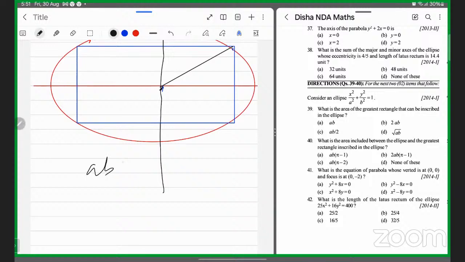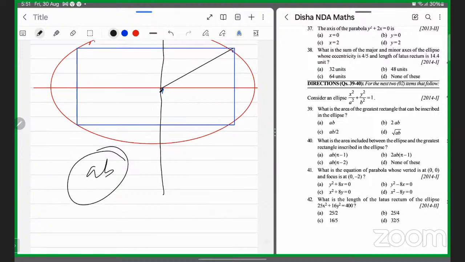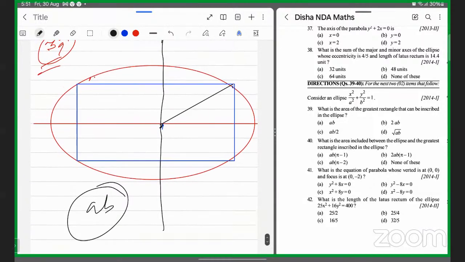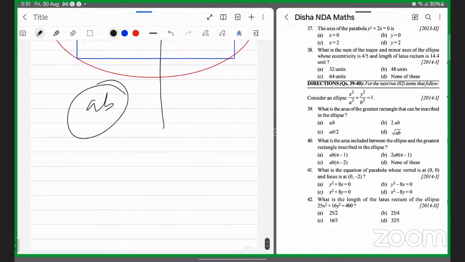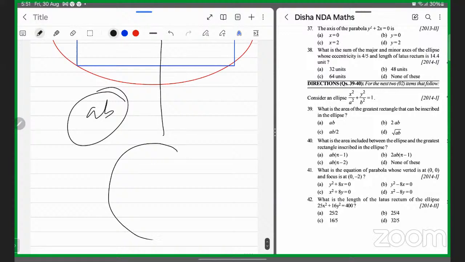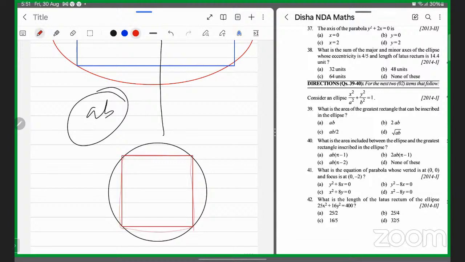You are focused on the shortcut, so I will tell you the shortcut. The greatest rectangle in the circle is a square. Understood? So this length a, this length a, this length a, this length a. So the greatest rectangle area is a square.